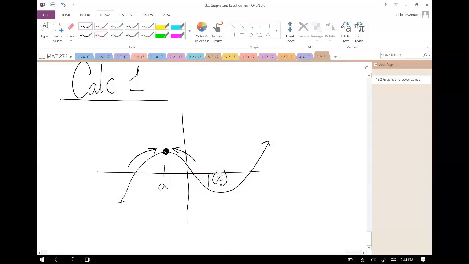So if this is the graph for f of x, we had to show that the limit as x approaches a from the left and the limit as x approaches a from the right for f of x were equal. If they were different, that means there was a gap in the graph. That means on the left we're approaching one value, but on the right we're approaching something completely different, and there is this big old gap. And if there's a gap, that means the limit does not exist.